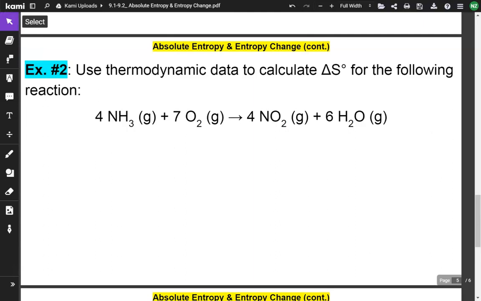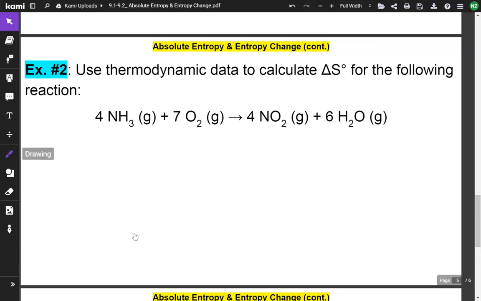So let's look at our first example. It says, use thermodynamic data to calculate delta S for the following reaction. All right, so we're going to need to go and look up all of these values. Okay, so we have NH3.